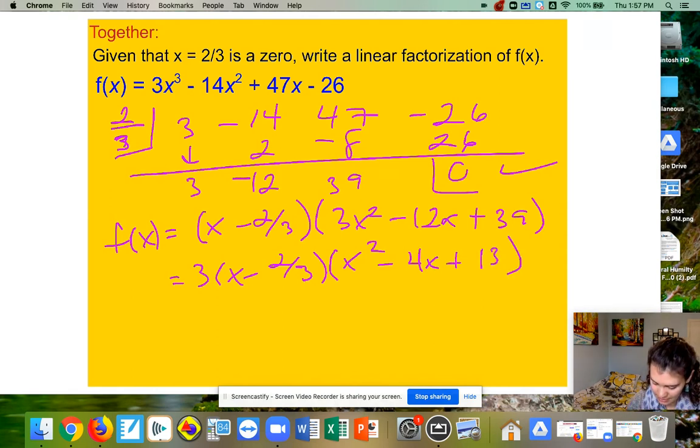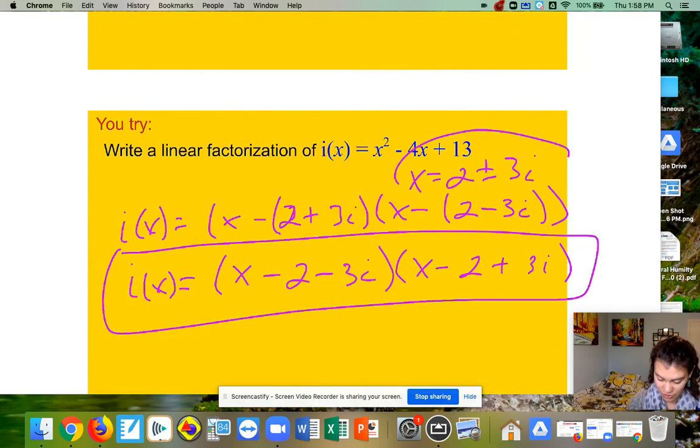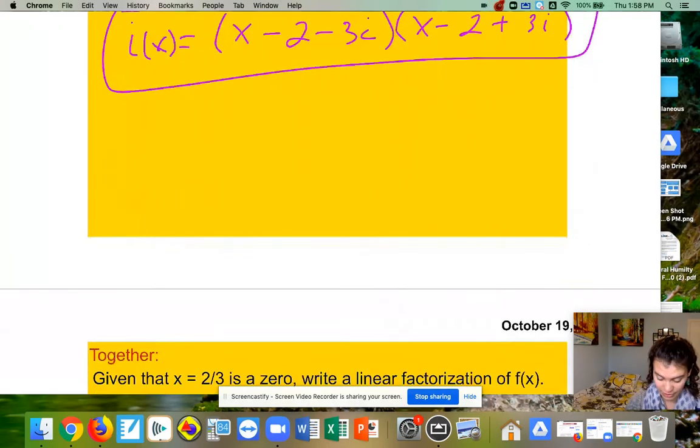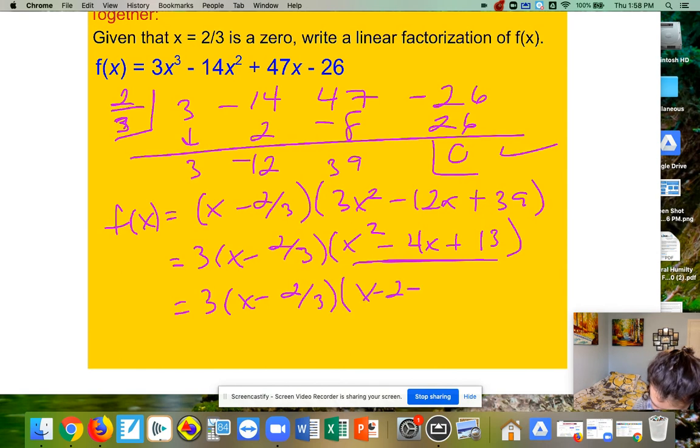And then this, again, is what we had up here with these zeros. So you can do the quadratic formula to find those again, but since we already did it once, I'm not going to do it again. You'll get 3 times x minus 2/3 times what we had before, so x minus 2 minus 3i, x minus 2 plus 3i.